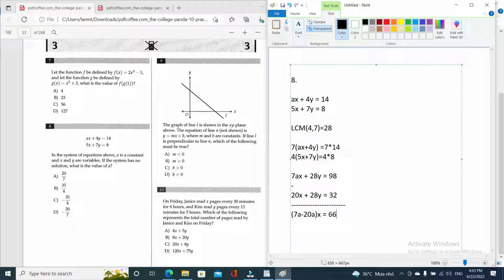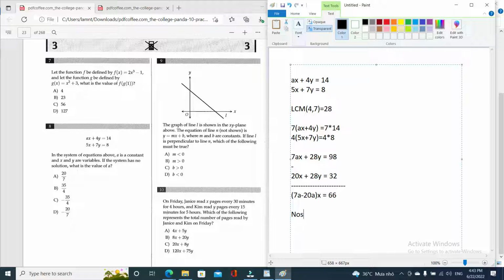For this system to have no solution at all, if one side is equal to 0 and the other side is not equal to 0, then the system will have no solutions. If we make the left side equal to 0, and 66 is obviously different from 0, the system will not have a solution.